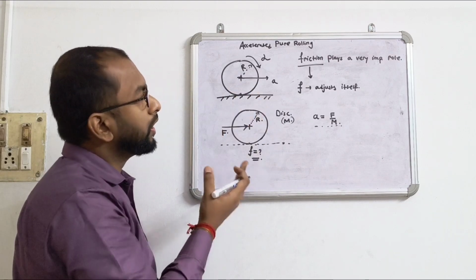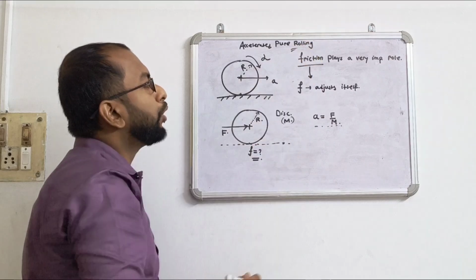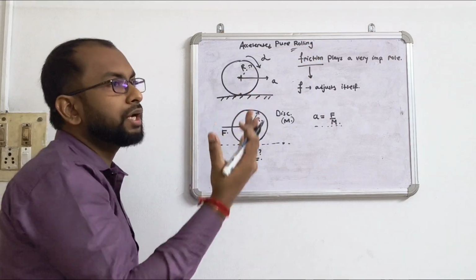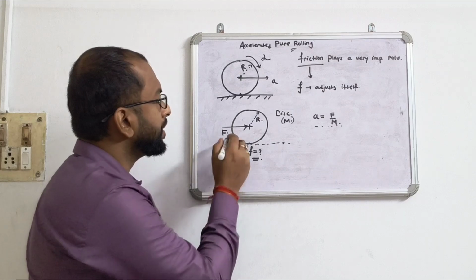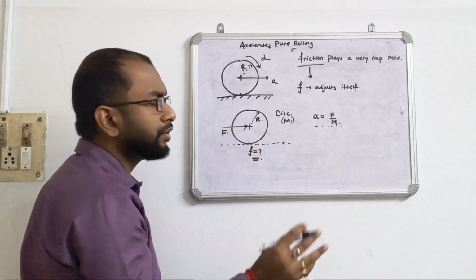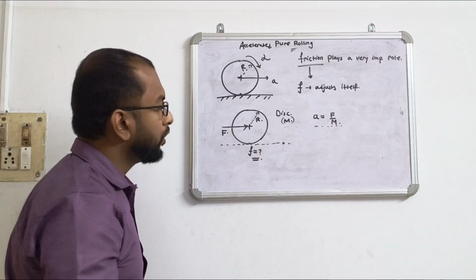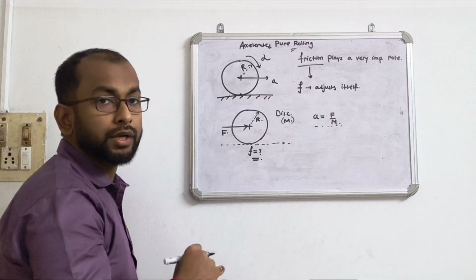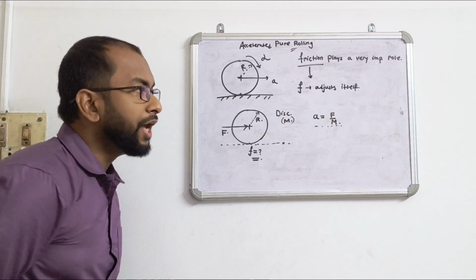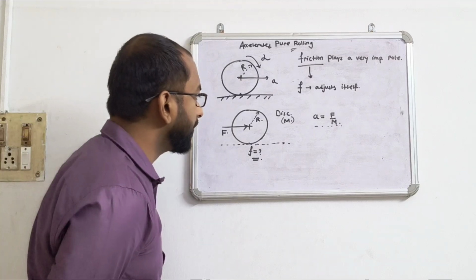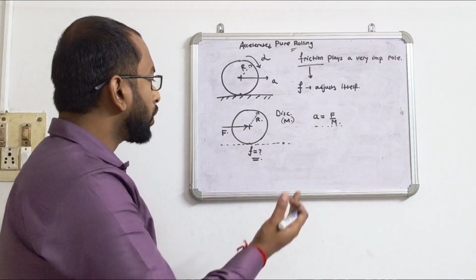Now for the pure rolling case, the body should also have some angular acceleration. But with respect to the center, there is no torque acting, due to F exactly passing through the center. So if the line of action of the force is passing through the center, there will be no torque generated due to that force.